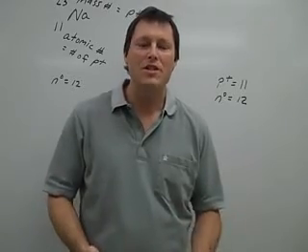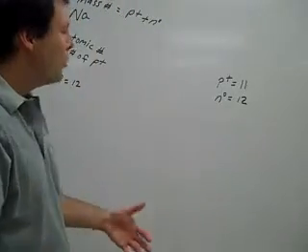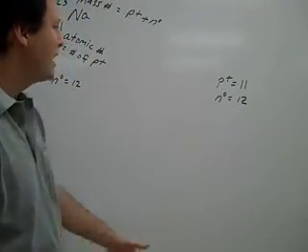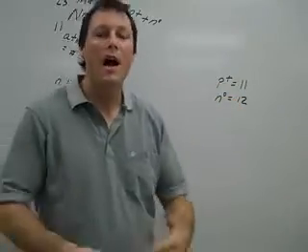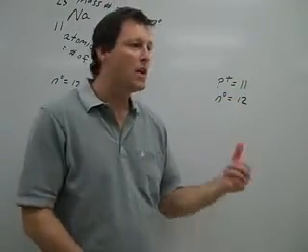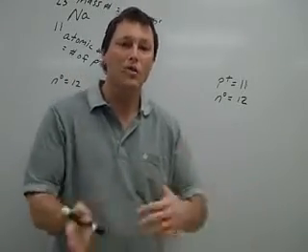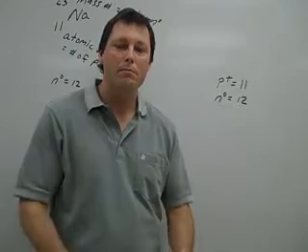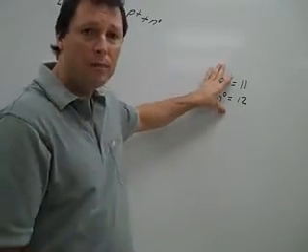And I know electrons have a -1 charge. So how many -1 charges do I need to cancel out 11 positive charges? I need 11. So this atom is going to have 11 electrons in order to electrically cancel out the 11 positive protons.